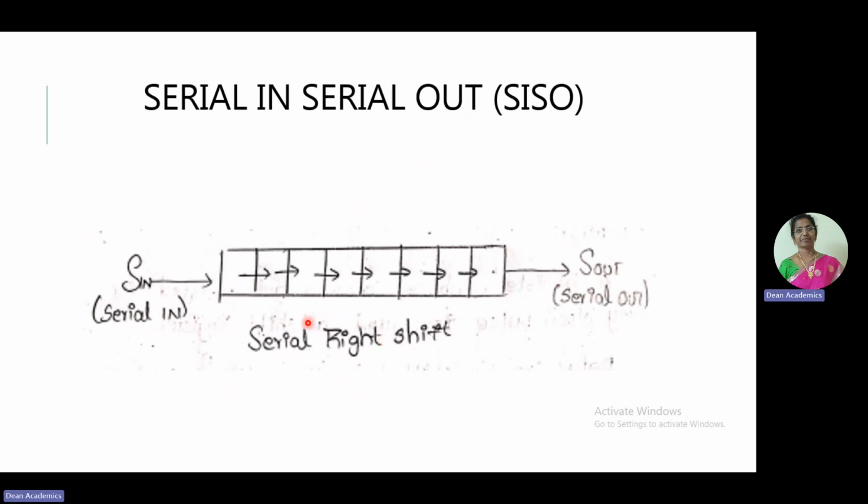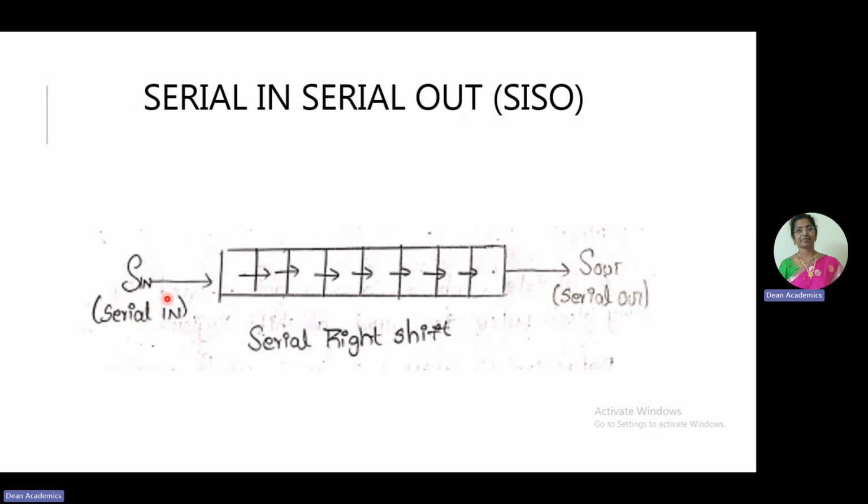The data to be shifted can be entered either from the MSB or from the LSB. If the data enters at the MSB, it comes out at the LSB. If the data enters from the LSB, it comes out at the MSB.